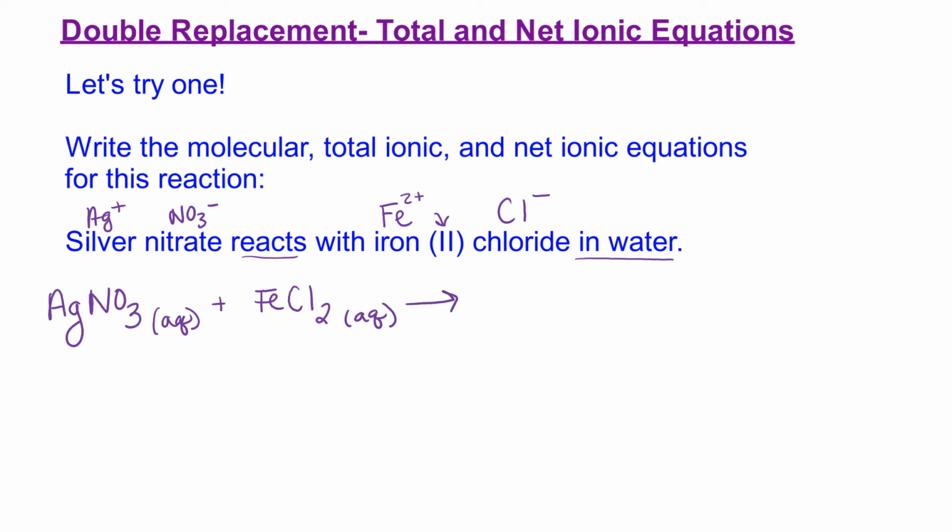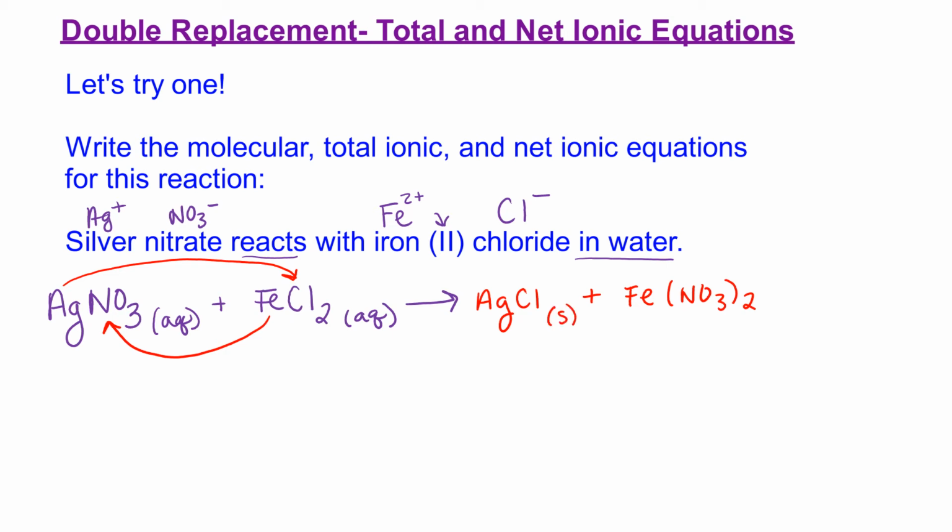So now I need to think about the products that would form. So remember, in a double replacement reaction, the cations and anions are going to switch what they're bonded to. So the iron is going to bond to the nitrate, and the silver is going to bond to the chlorine. And remember, cations always get written first. So my products are going to be silver chloride now and iron 2 nitrate. And then I have to go to my solubility rules, and I have to figure out what the states of matter of each one is.